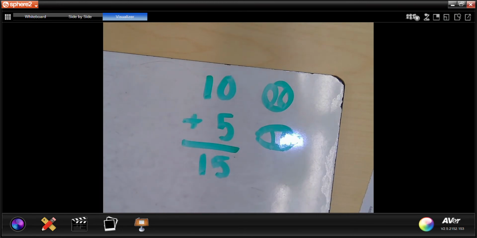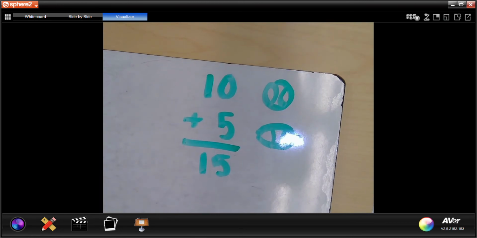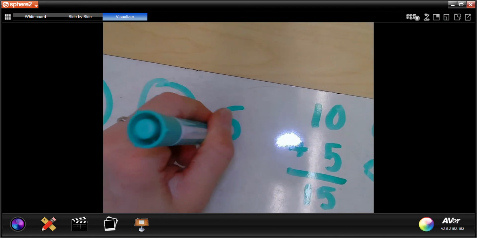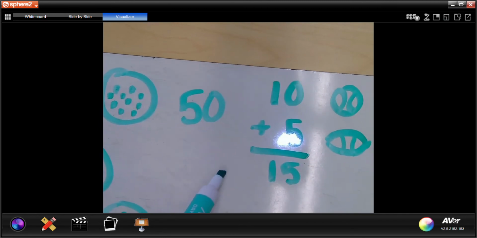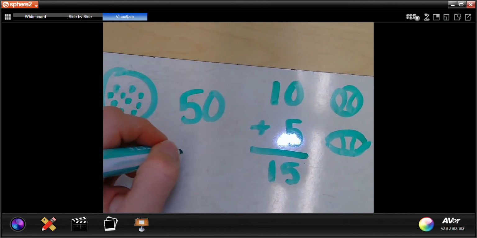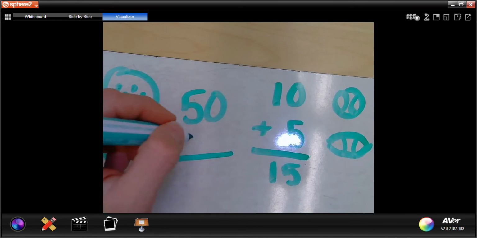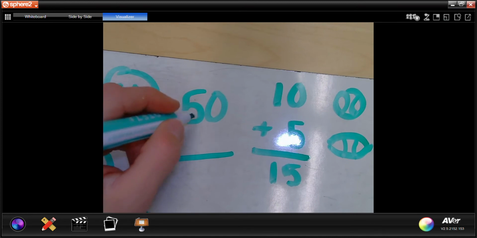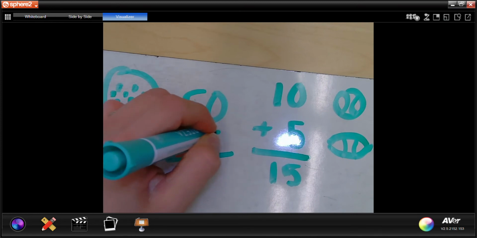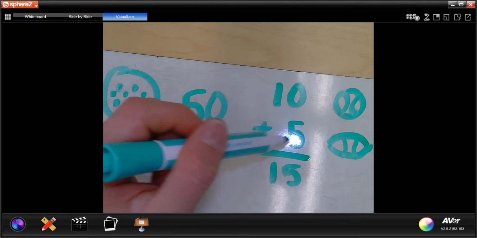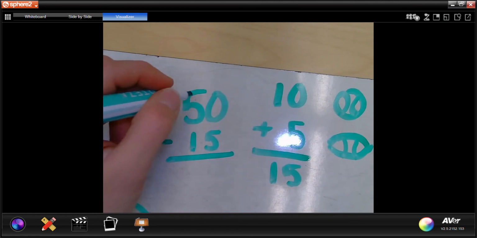Well, altogether, Jerry has how many sports trading cards? He has 50. And we know that he has 15 baseball and football cards, so we know that the rest are basketball. So 50 of his original cards minus the 15 baseball and football cards.